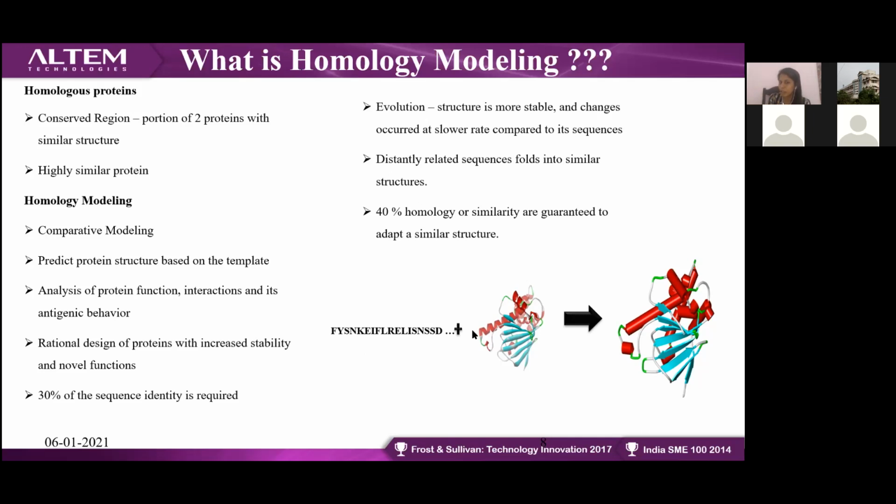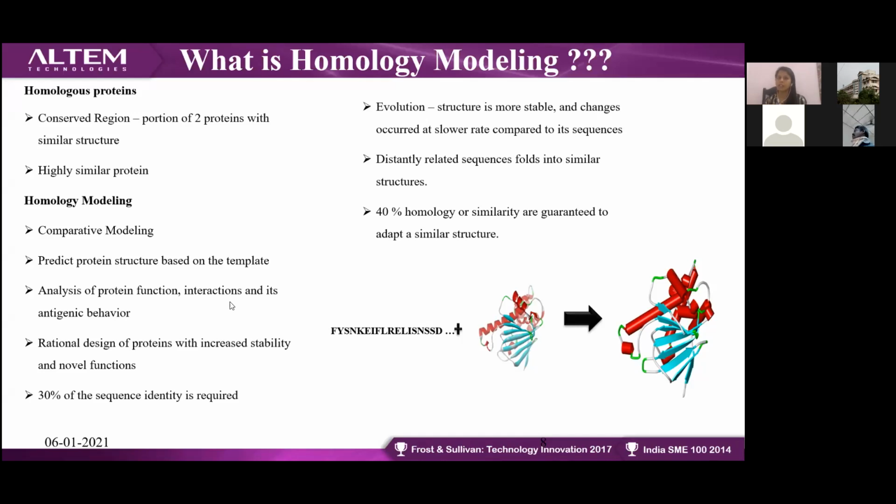What is a template sequence? You need to search for this template sequence through RCSB or any other database. And if you find the template sequence, you can easily model your structure. This is how you perform homology modeling. And here this is your target sequence, and once you have your target sequence, then you will be predicting your protein structure.